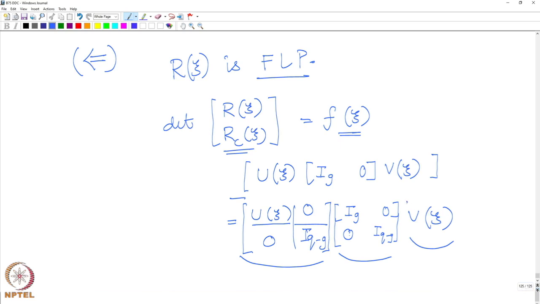This matrix has a unimodular matrix on the right. This is in fact identity of size q, so this is obviously unimodular. This matrix is a block diagonal matrix where this block is unimodular and this block is identity. So overall this also is a unimodular matrix. So in fact, I have a product of 3 unimodular matrices, so this is a unimodular matrix.